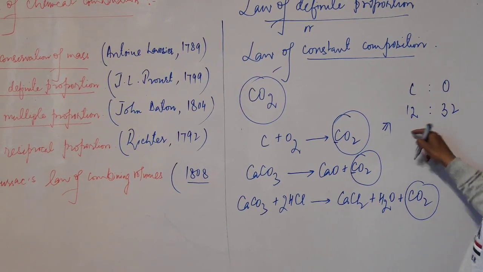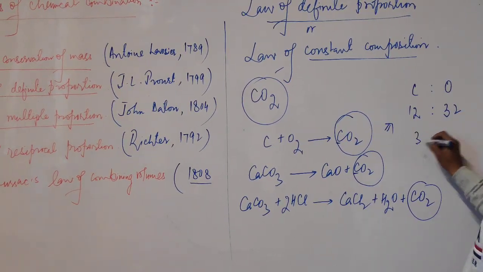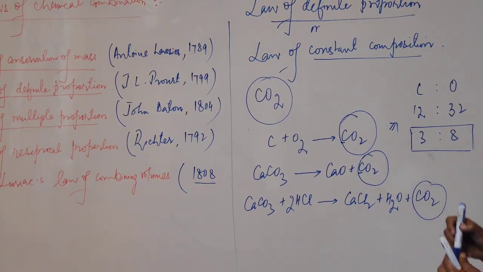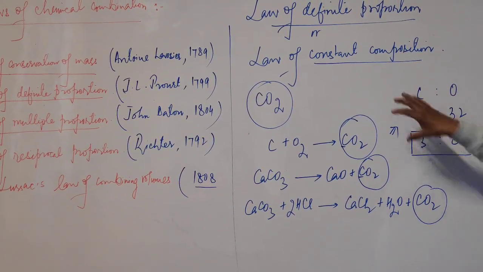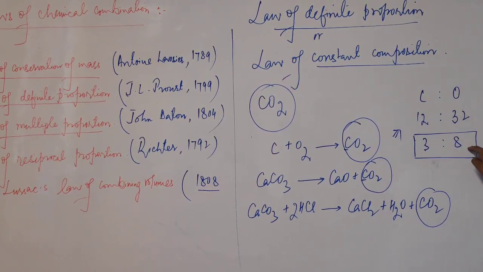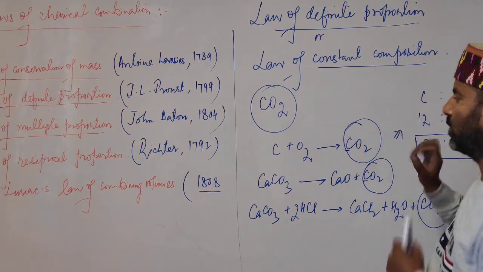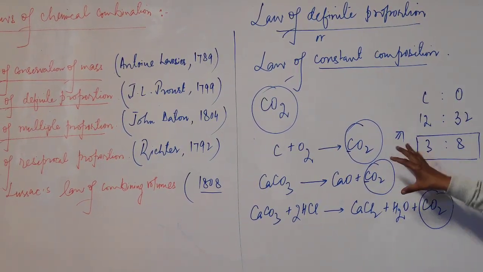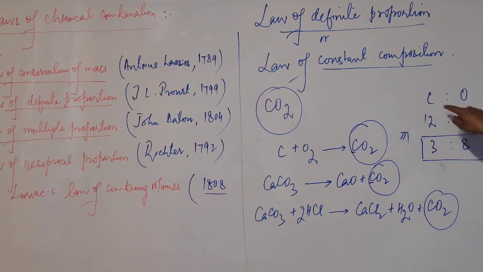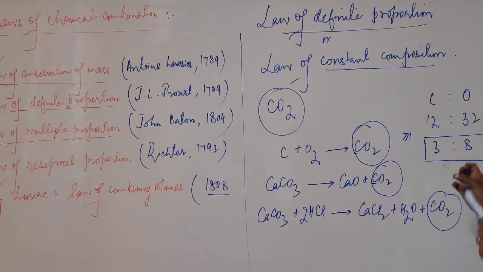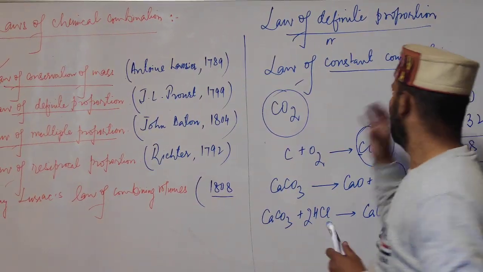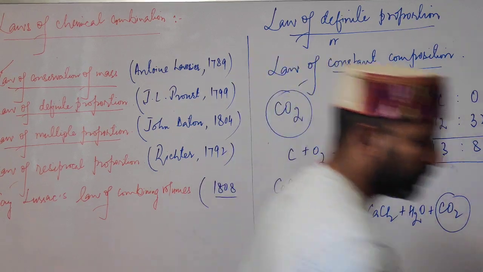This can be simplified to 3:8. So in carbon dioxide, the constituent elements, carbon and oxygen, combine in the same proportion by weight, irrespective of the method of preparation. Whatever method you use, the weight ratio between carbon and oxygen will always be 3:8. So students, this is our law of definite proportion, or law of constant composition.